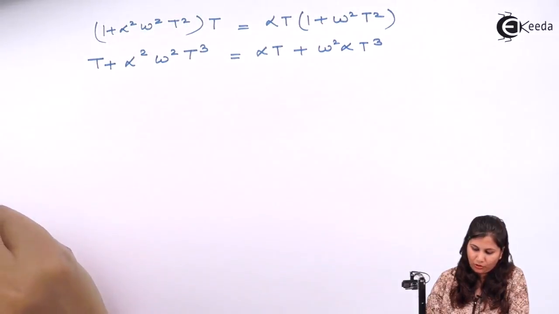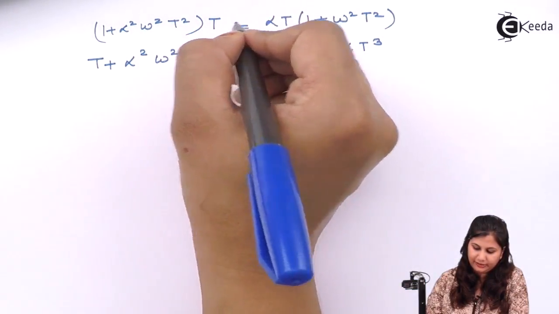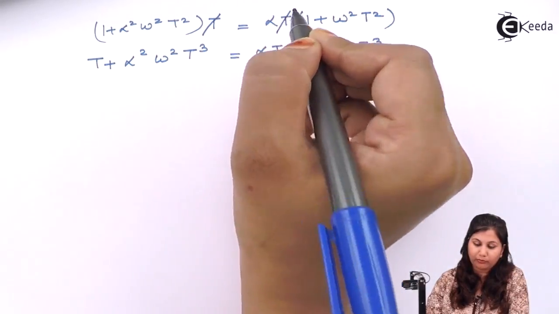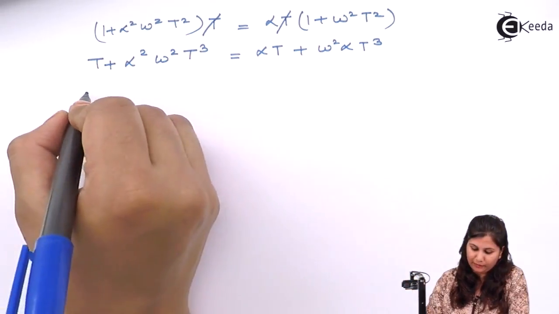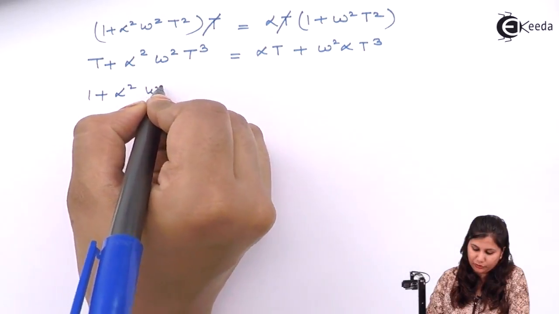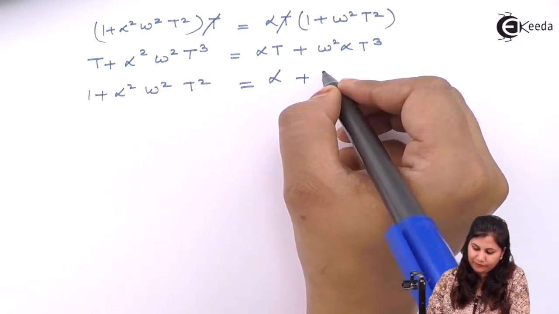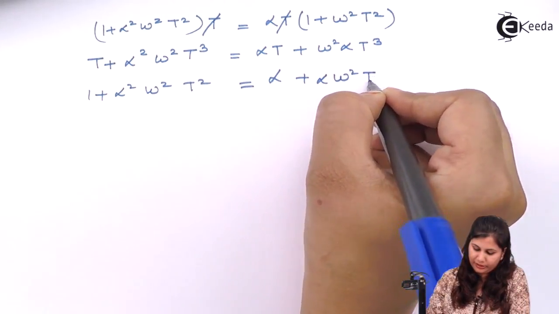This T and T can be cancelled out, so no need to multiply it inside. We will get 1 plus alpha square omega square T square, and here we will get alpha plus alpha omega square T square.